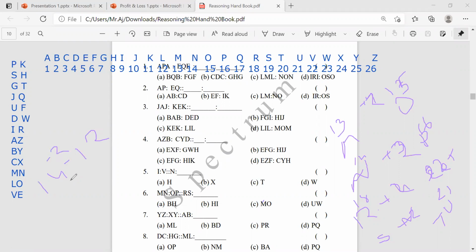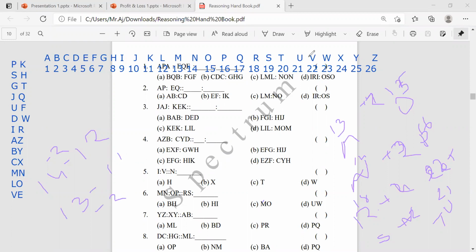And N number is 13 in reverse order, and P in reverse order is 27 minus 16, 11. Here also minus 2.